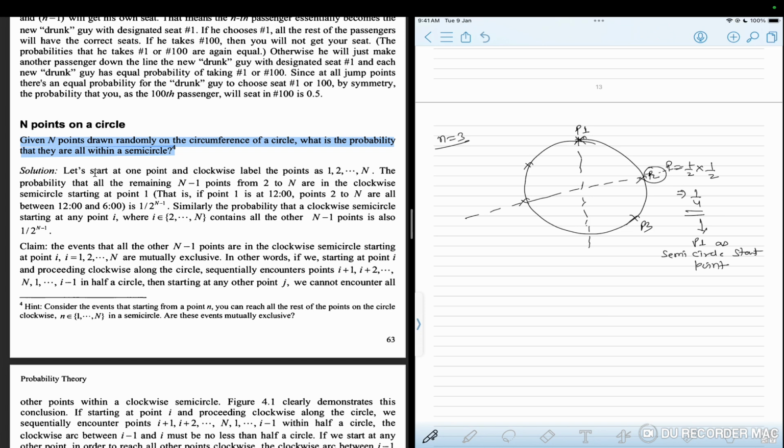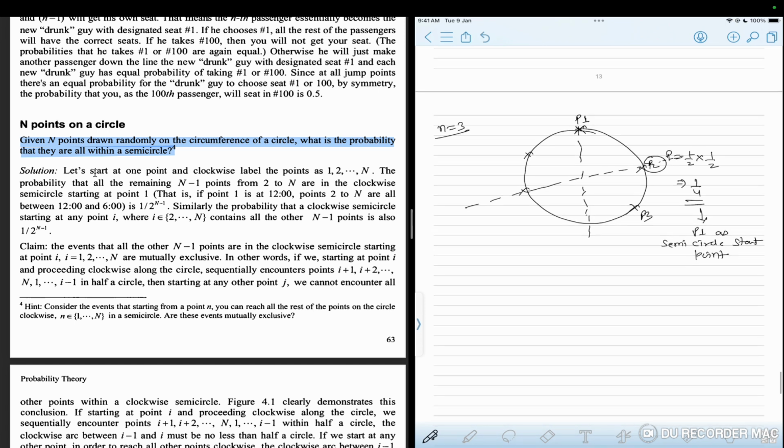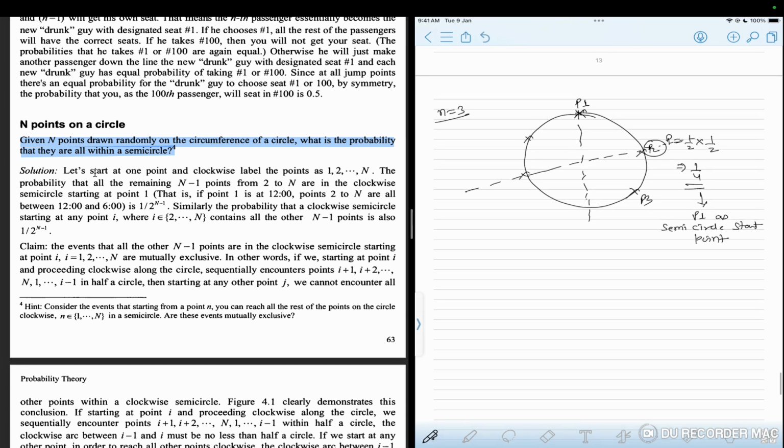So again for P2, now we have to place P1 and P3 such that P2, P3 and P1 lie on a semicircle. So for P3 and P1, the probability is half and half. So again, it would be half times half, and it would be 1 by 4. This is when P2 is the start point of the semicircle.